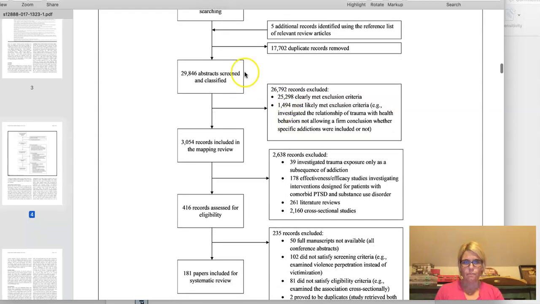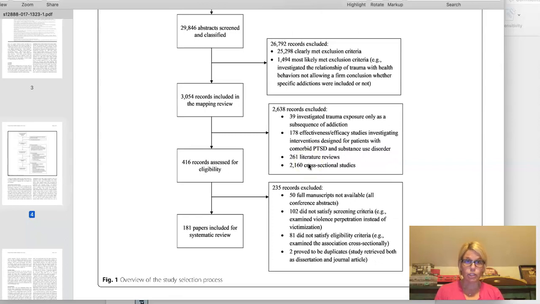So then from the 29,000, they were able to exclude 26,000. So 25,000 of those met their exclusion criteria, and that was clear. 14,000 likely met their exclusion criteria, and so they gave little examples of that. So once they excluded these 26,000, they had 3,000. From there, they looked at them more closely.